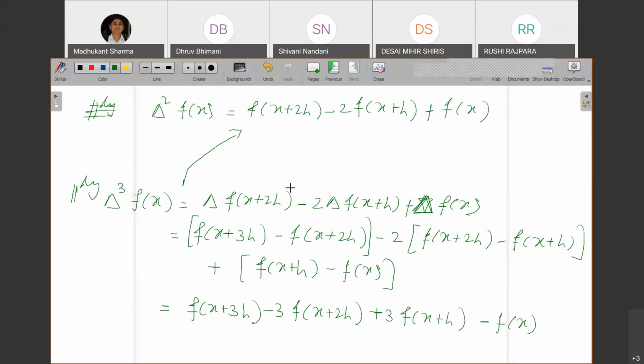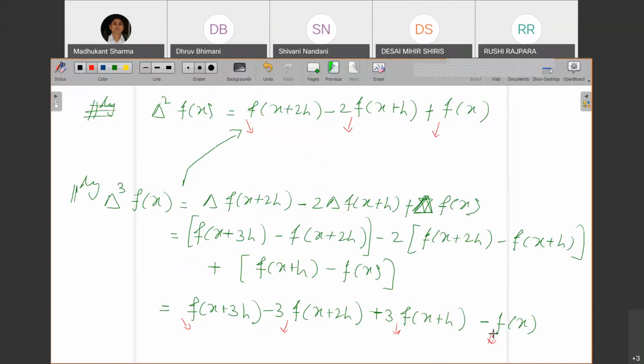If you look at this carefully, we have to see the coefficients here. The very first thing is, if you have the second order forward difference, you have the positive sign with f of x. If you have third, you have the negative sign with f of x.